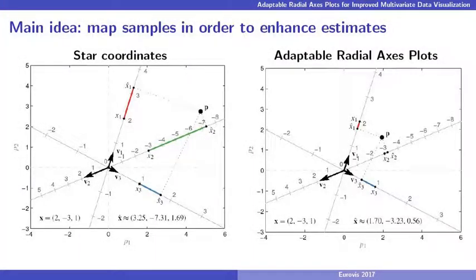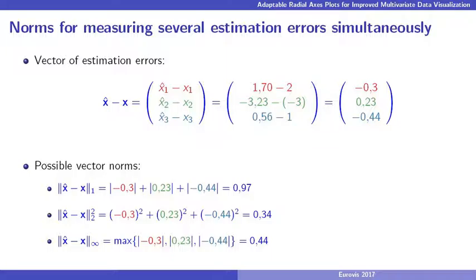The goal of our technique is to reduce several estimation errors. Mathematically, we need to consider a vector of differences between the true values and the estimates, and then minimize its norm. We have considered the 3 most common vector norms, which measure the sum of absolute values, the sum of squared values, and the maximum absolute value.